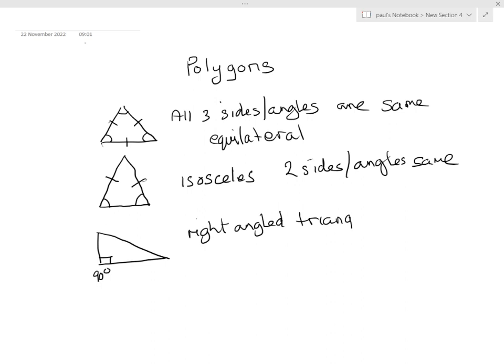And the idea of knowing all this stuff is that when you get puzzles and shapes and pictures and things, and you're asked to work out a particular angle, this helps you because you know the properties of the shapes you're looking at. There is one other that's a bit daft, and this is a scalene, and this is where nothing is the same.